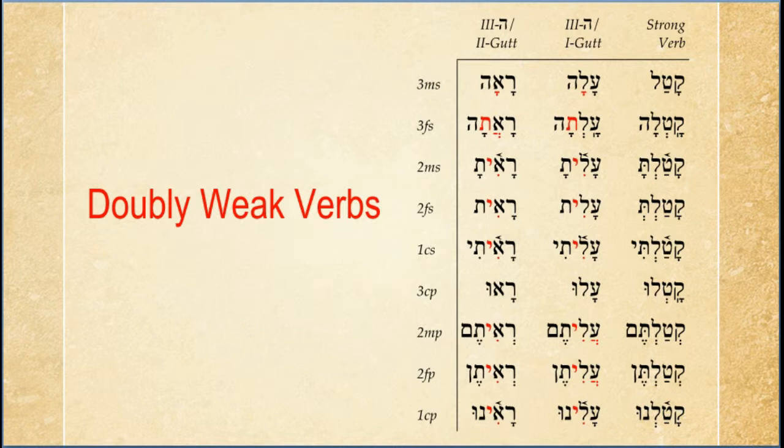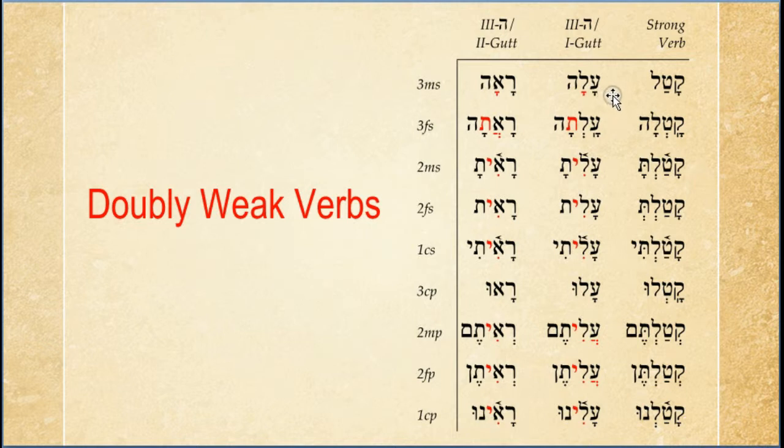So first of all, look at the right side. You still have your katal paradigm, the strong verbs, so you can at least compare them side by side. This is just like in your textbook, that's why they give it to you in that way. But notice that you have the first position guttural and the second position guttural verbs here, and both of them end with a hey.